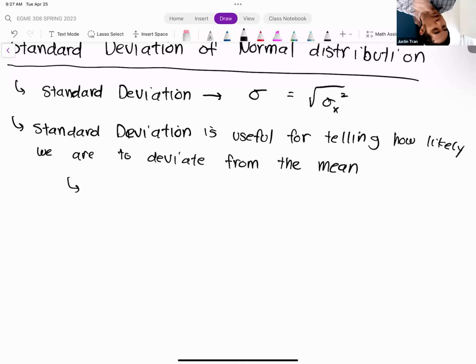Right. And so the numbers for this are that if you're one standard deviation away from the mean, you have a 68% chance of being within one standard deviation of the mean.